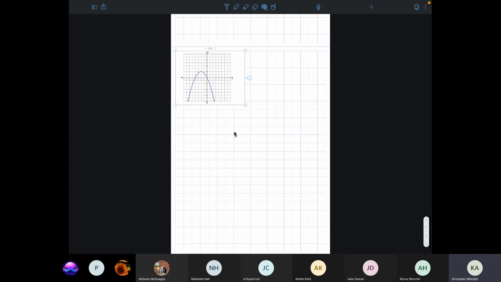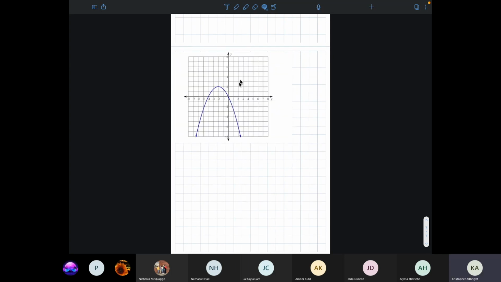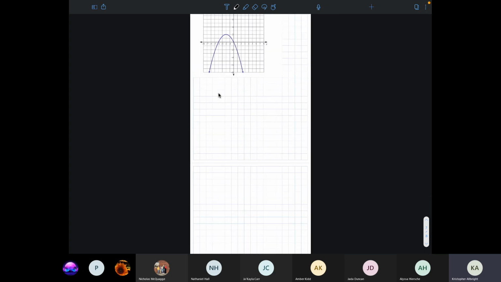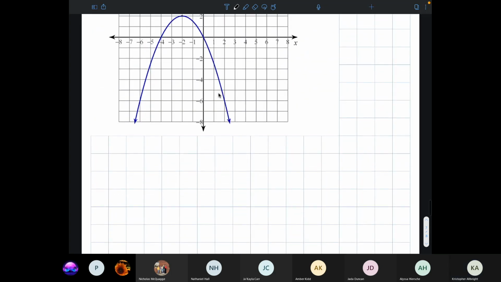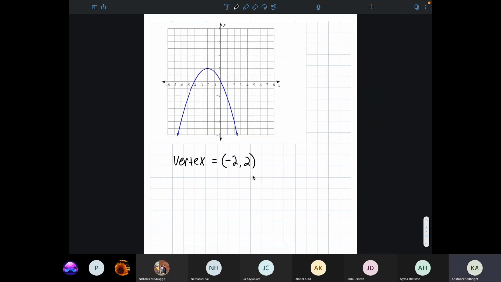And what we're trying to do right now is identify the vertex. So I'm going to make it a little bigger just so that's a little easier to do. So I'm thinking our vertex is right here, which is going to be 2 left and up 2. So I'm thinking the vertex is -2, 2.